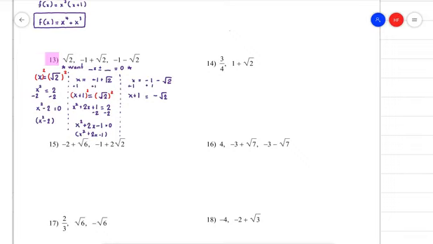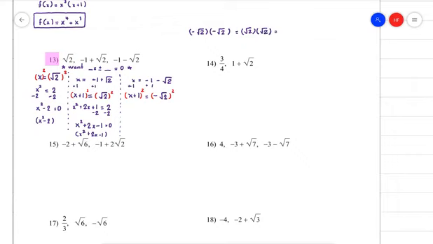So we're going to square both sides. And remember, when we square negative square root of 2, we're taking it and multiplying it by itself. Negative times a negative is a positive, so this is really just square root of 2 times square root of 2.